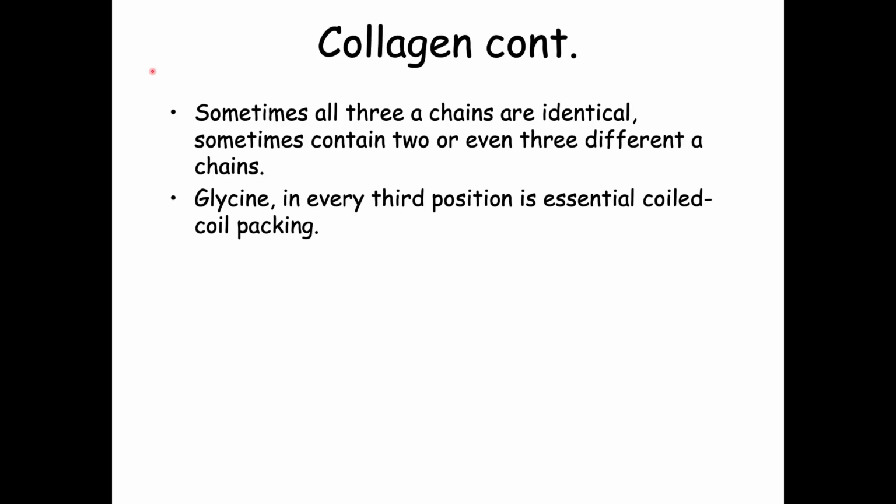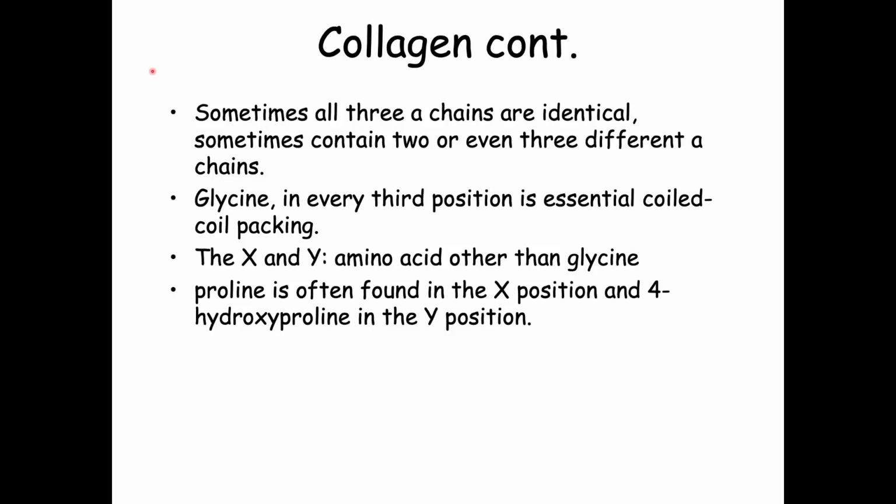Glycine is found in every 3rd position, and that's essential to maintain that coiled-coil packing. If we remember, glycine is a very small amino acid, and so the coils can come very close to each other. The X and Y amino acids are anything other than glycine. A lot of times we see proline in the X position and 4-hydroxyproline in the Y position.